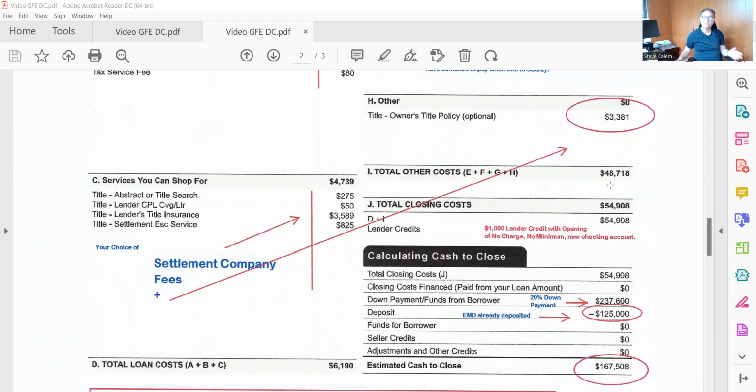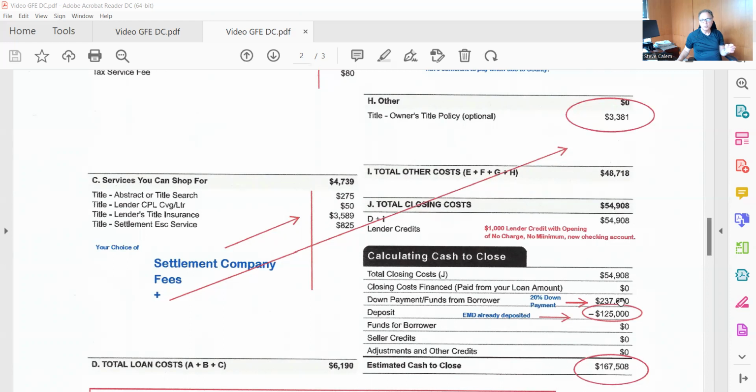Okay, so now we're trying to figure out how much you're going to need on that magic day, on the day of closing. So the closing costs we added up were $54,908, which we already know are about $17,000 too high, plus the other ancillary fees that are too high. But that's the number on the form here. Okay, you put 20% down on the purchase.